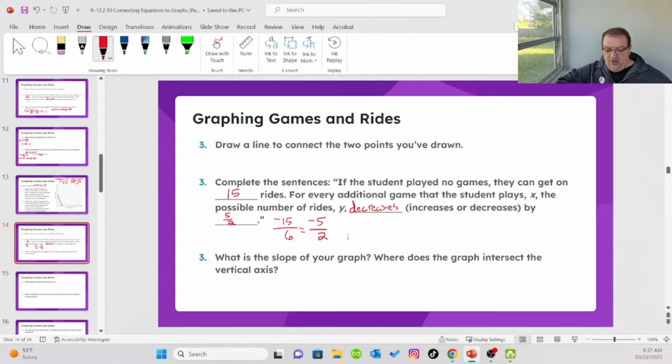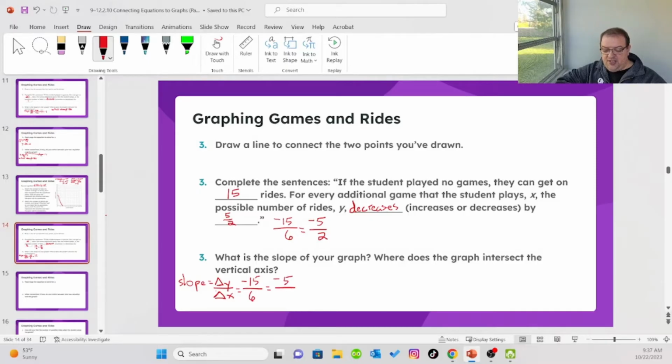So now they want to know, what is the slope of our graph? Well, we just found our slope. Our slope equals change in y over change in x. We said our change in y was negative 15, and our change in x was positive 6. We divided negative 15 by 3, and we got negative 5.